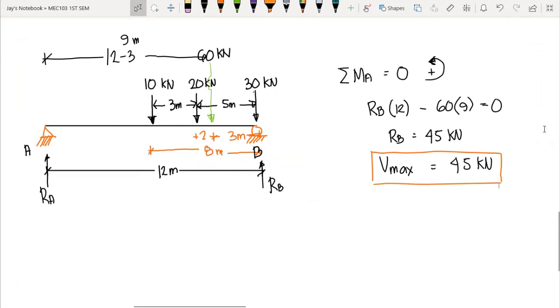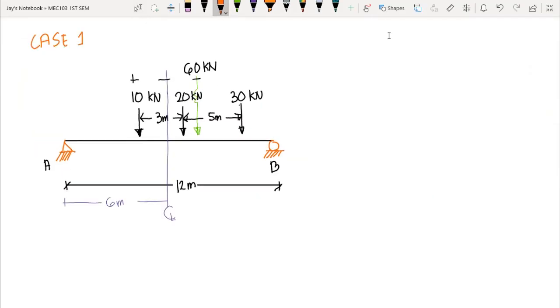Okay, since we have now determined the maximum shear, let's proceed to the determination of the maximum moment. Now, in our first case, we place the midspan between 10 kilonewton and 60 kilonewton on the center line. Basically, since we have 3 loads here, we should have 3 cases.